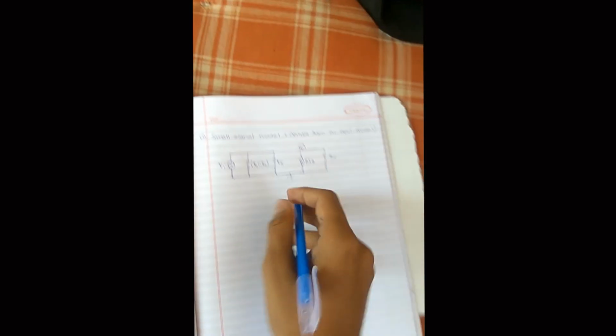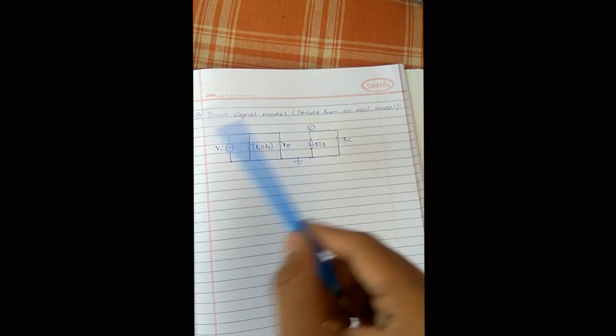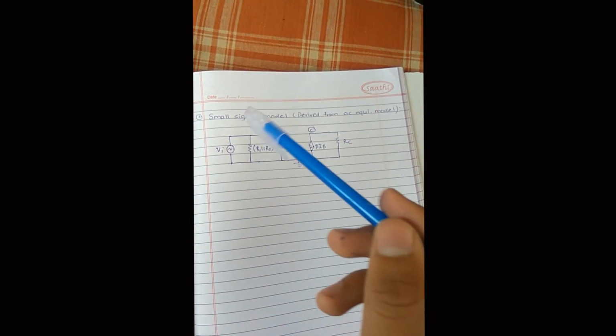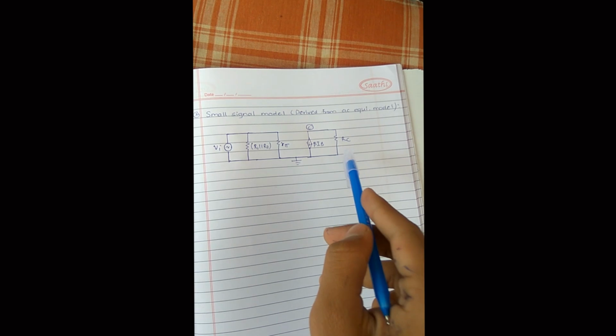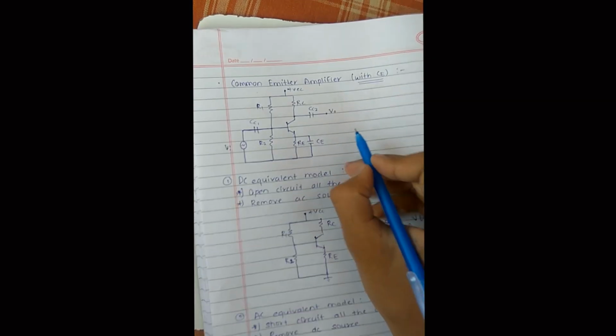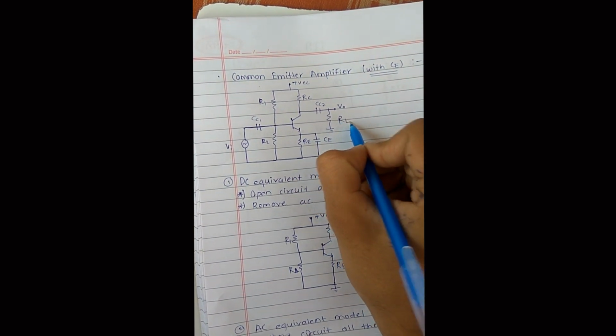In this way we can draw the small signal model of the BJT amplifier configuration, that is, the common emitter configuration with CE. Sometimes there may be some load connected like this, RL.